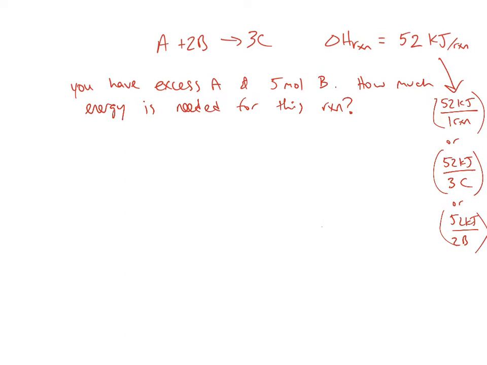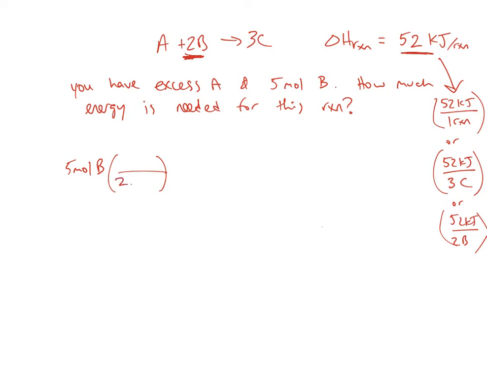I'm going to start with what I have, and I have 5 moles of B. Then I want to know how much energy is needed for this reaction, so I don't even have to go to my products here. I know that for every 2 moles of B that are used, I'm going to use 52 kilojoules of heat. That's the relationship, because the 52 kilojoules is for 1 reaction, and in order for 1 reaction to happen, I'm using those 2 Bs.